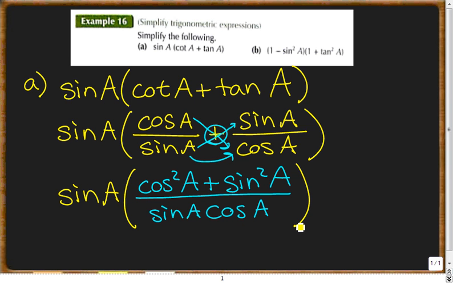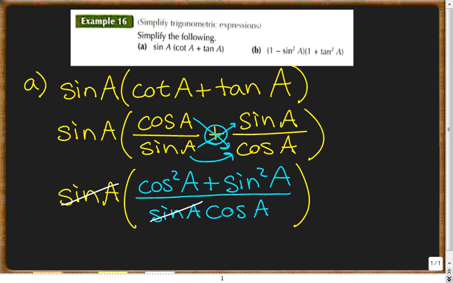Now, it may still look like I've made this much more complicated, but what I have done is set myself up for success, because there are a couple of things that I can do. Firstly, I am multiplying by a sine and dividing by a sine, so these together are going to cancel each other.